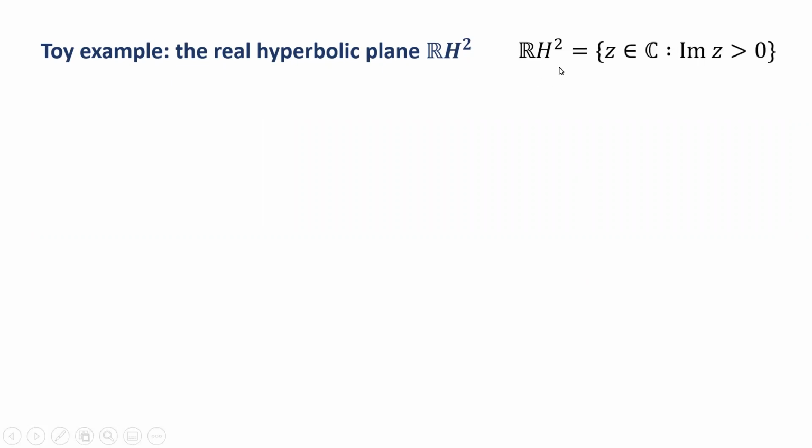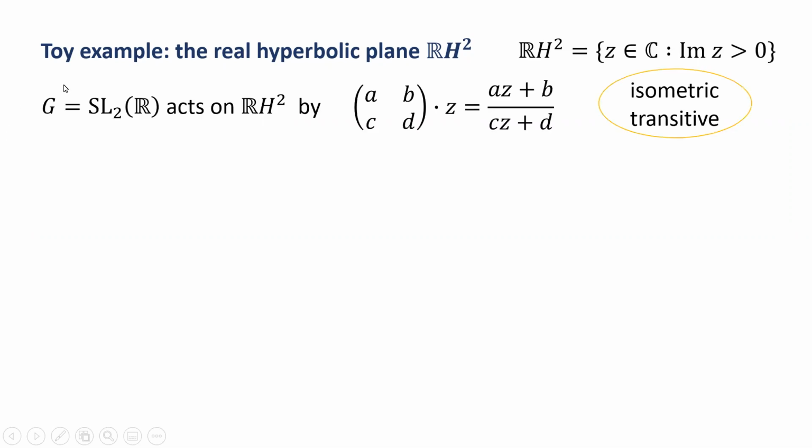Let us regard it in the half plane model. We know that the Lie group SL(2,R) acts on this half plane by Möbius transformations in this way. This action is transitive, and if you consider the standard hyperbolic metric, then it is an isometric action.